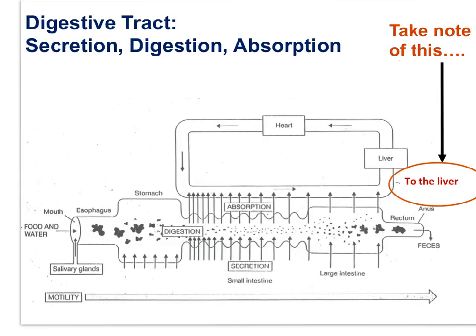Here's another look at the digestive tract. Large macromolecules, foods, go into the mouth. Digestion begins in the mouth and continues in the stomach and in the small intestine. You can see the secretion of enzymes in the mouth, the stomach, and the small intestine. Remember that the pancreas plays a huge role in secreting enzymes into the lumen of the small intestine.